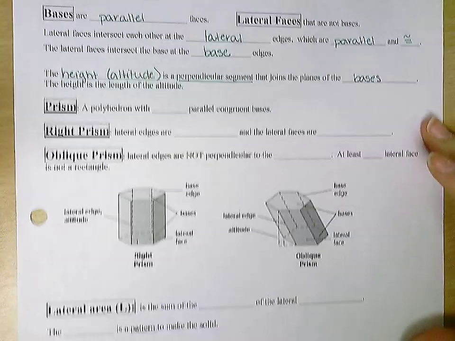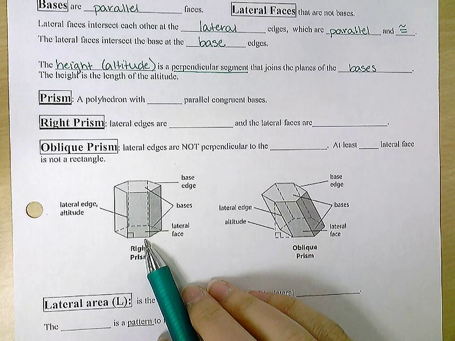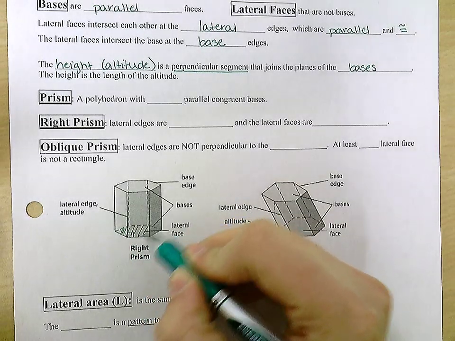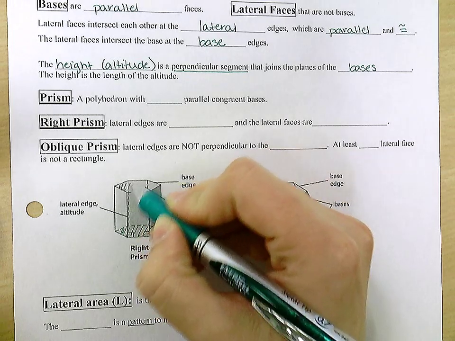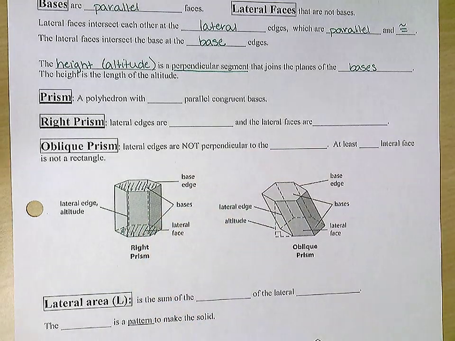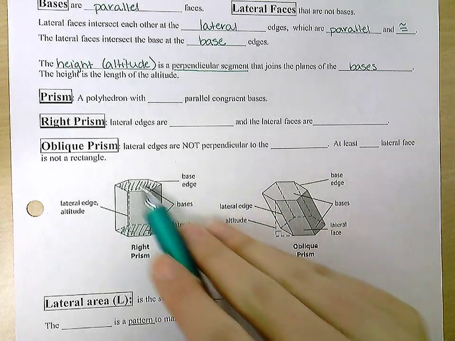So I'm going to quickly go down to the pictures here below. In this one, your bases are the ones that are parallel to each other. Those would be these hexagons here. Those are your bases of this prism. Now your lateral faces are the ones going around each base.